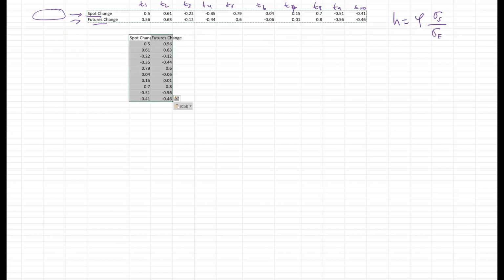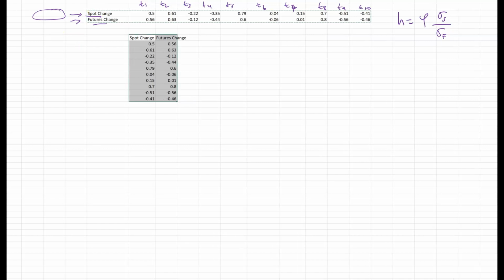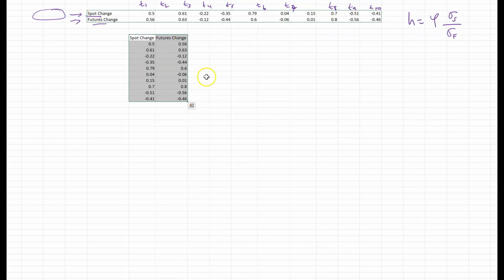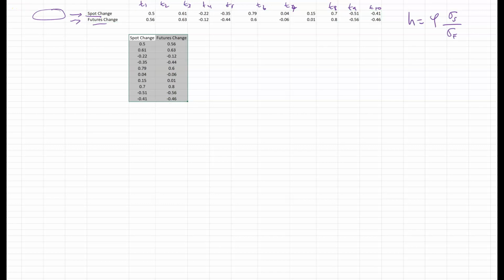The reason I'm transposing this is so that I can actually plot that relationship. And you remember how we said in the presentation that the hedge ratio was similar to beta on the security? Well, how about we do just what we would do to estimate beta.